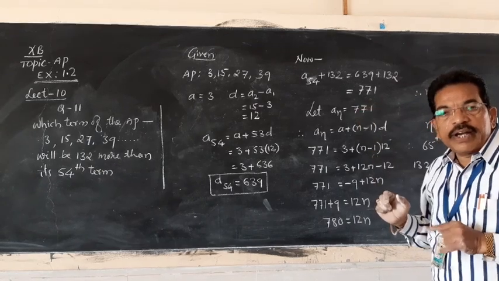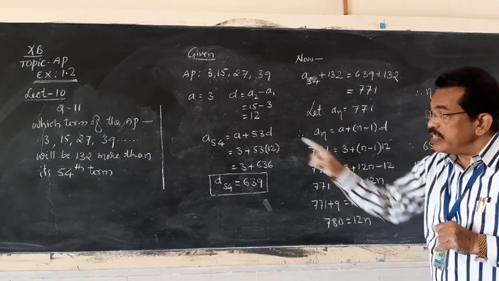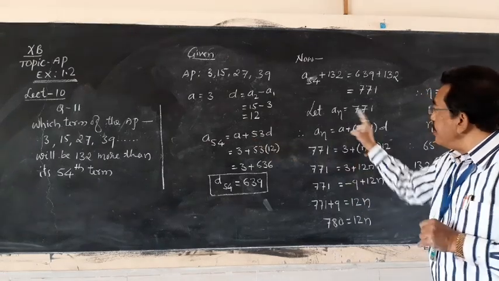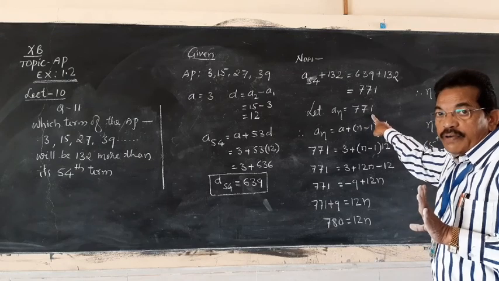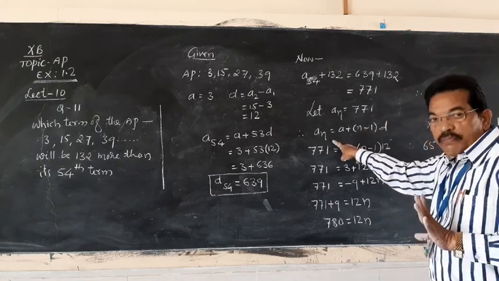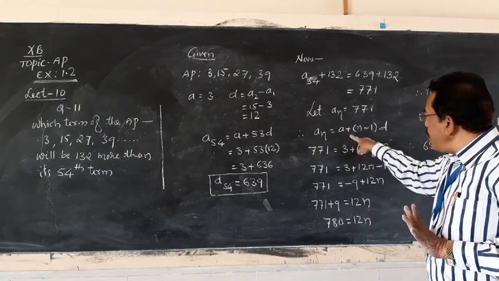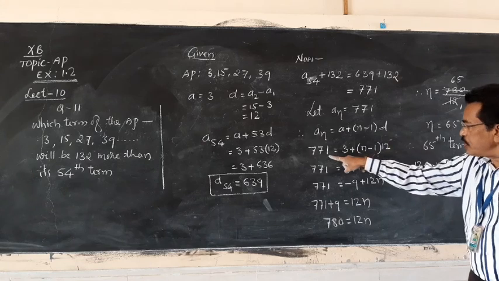What is that 771? That is the An of this AP. Let An equal 771.